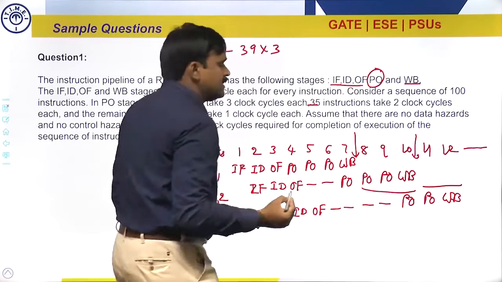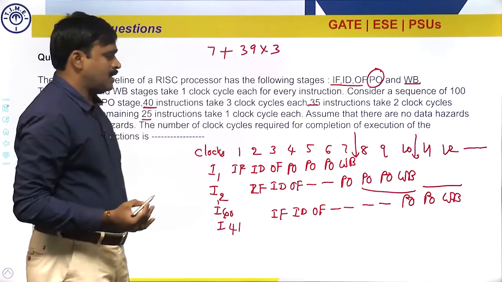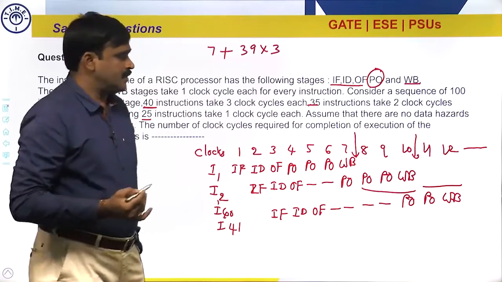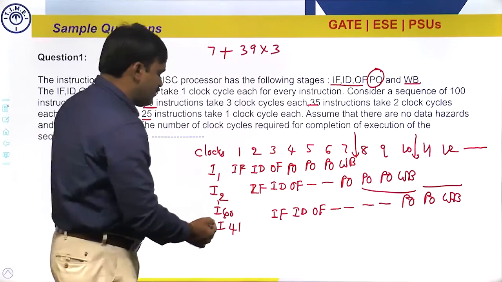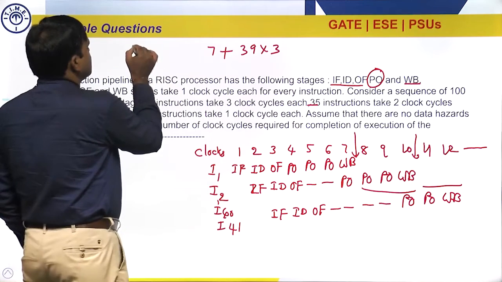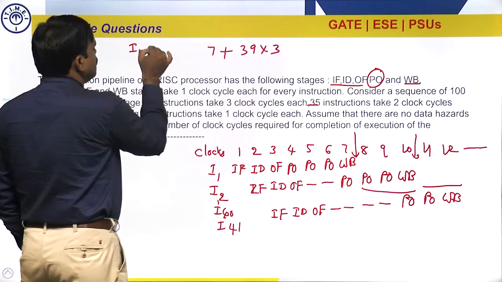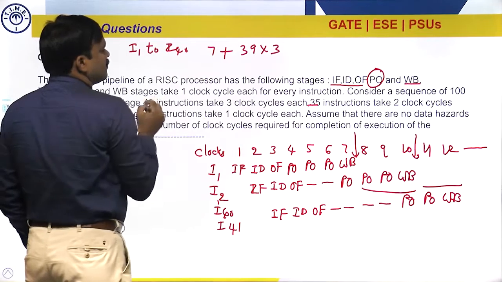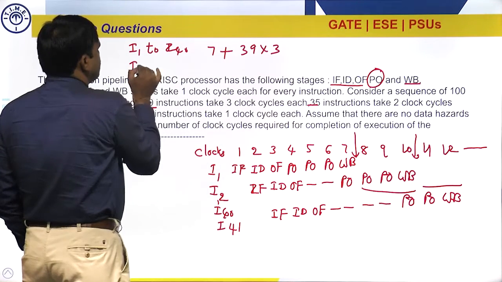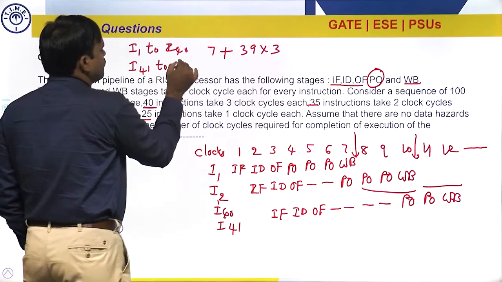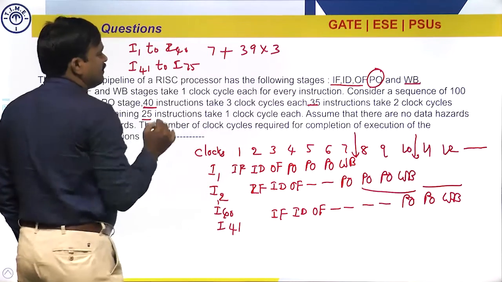So 2 cycles extra, because the other stages are being done in parallel, since in a single cycle multiple stages are overlapped. These were instructions I1 to I40. Similarly, instructions I41 to I75 are 35 instructions.